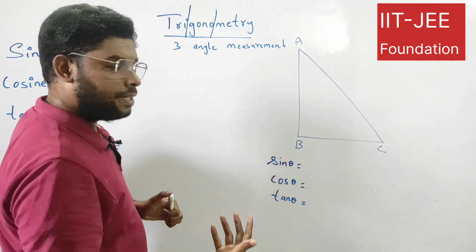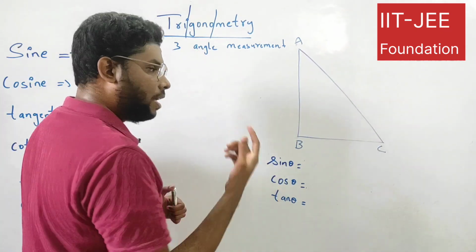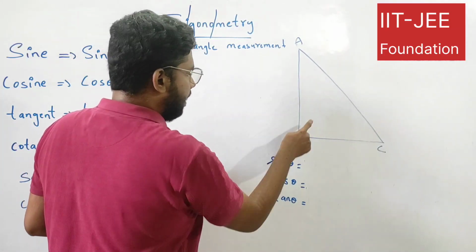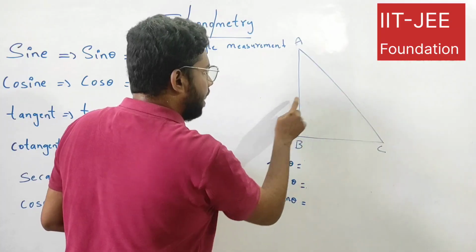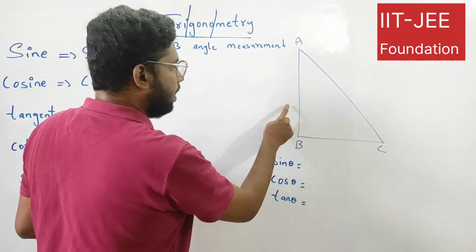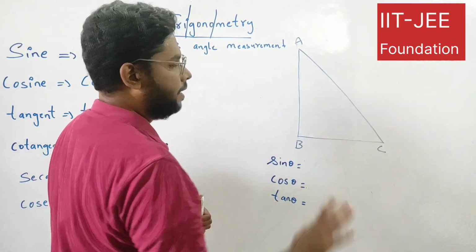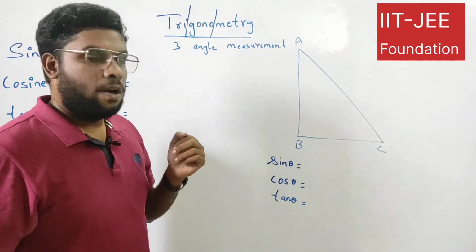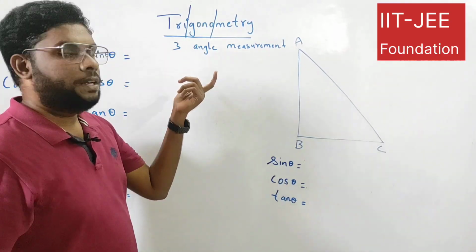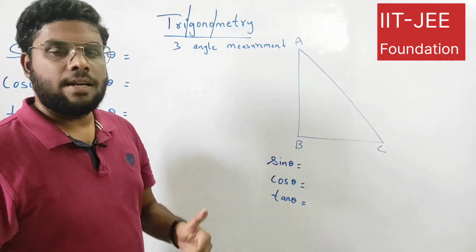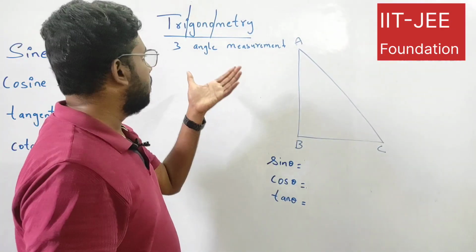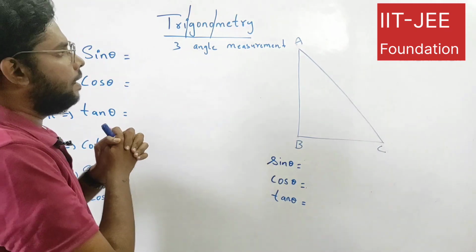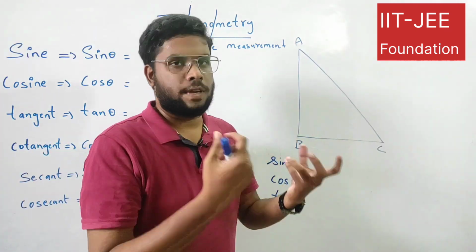The branch of mathematics that deals with the study of angles, sides, and relationship between angles and sides in a triangle is known as what? Trigonometry. Okay, now the father of trigonometry is Hipparchus. Hipparchus is considered to be the father of trigonometry. Okay, trigonometry means triangle and its measurement, in simple terms we can say that.